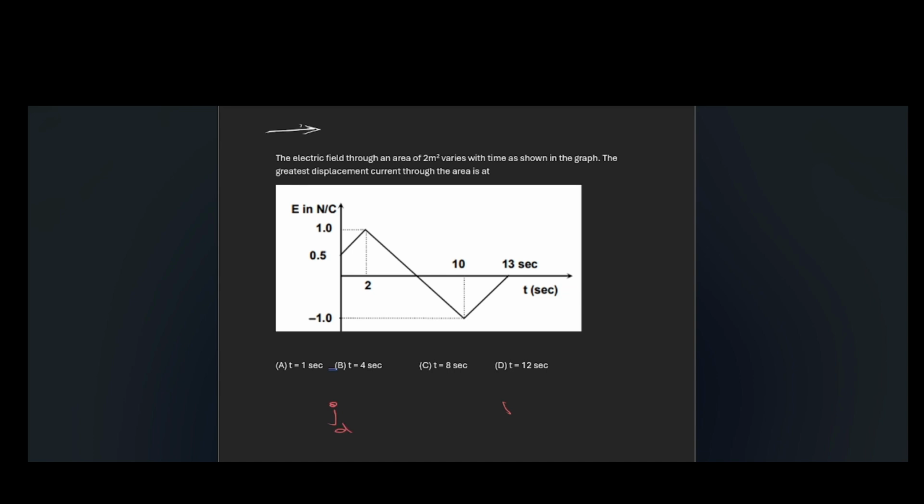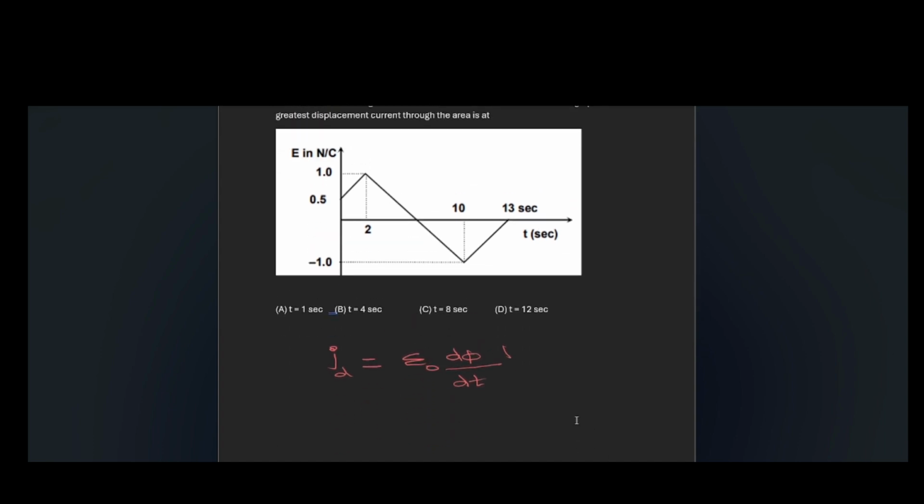I_D is equal to epsilon naught into d phi by dt. Okay, so here in terms of electric field, if you write, this is equal to epsilon naught, area into dE by dt.